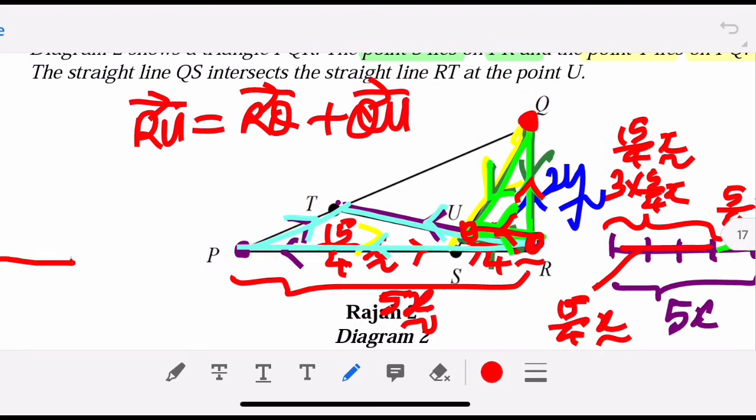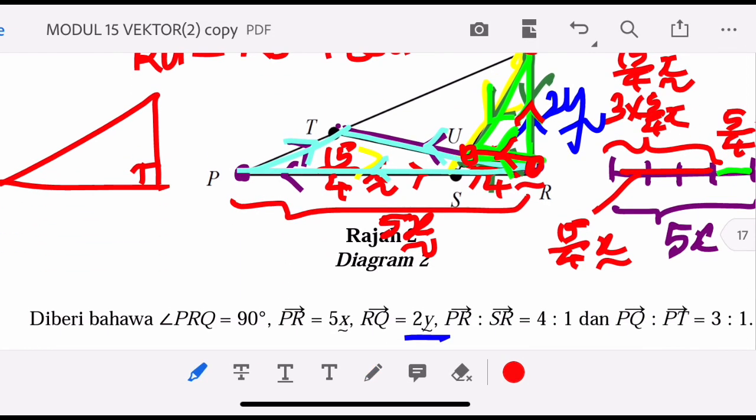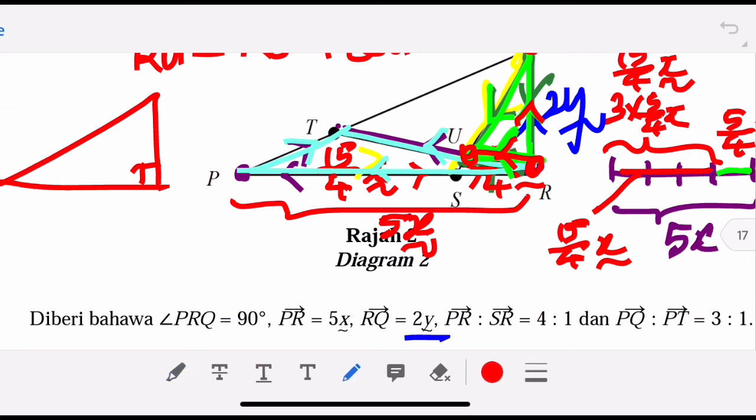Next, we will solve the magnitude of the vector. Magnitude is Pythagoras theorem. So it's very easy, right? So you just focus on the length of the PR and the RQ, right? So one vector y is how many? Is 2. So you have 2 vector y.